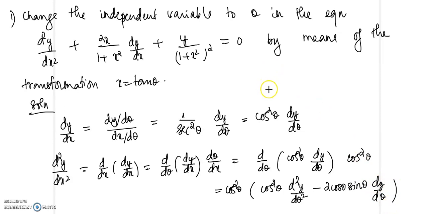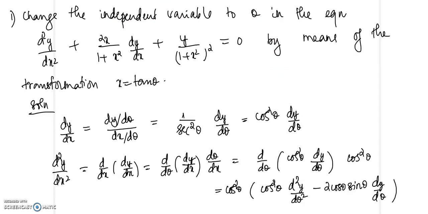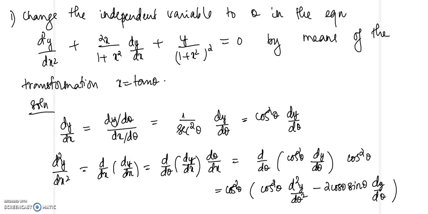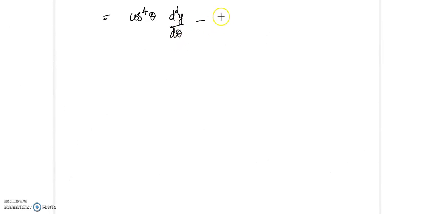So that is equal to cos raised to 4 theta d square y by d theta square minus 2 cos cube theta sin theta into dy by d theta. So that is the value of d square y by dx square.